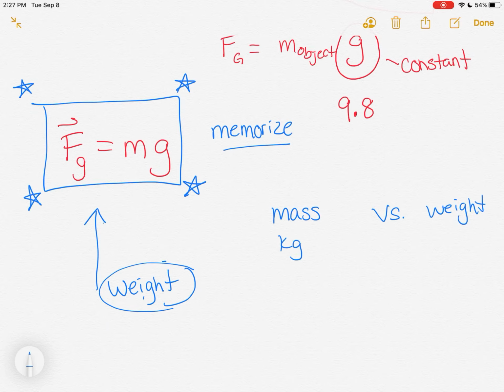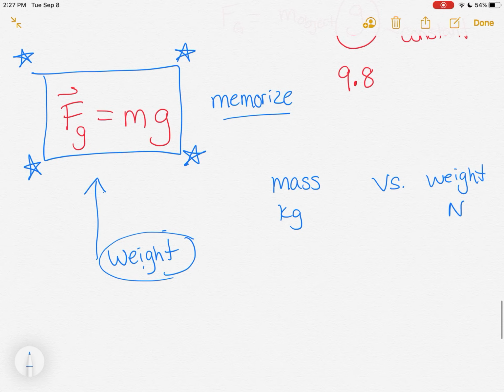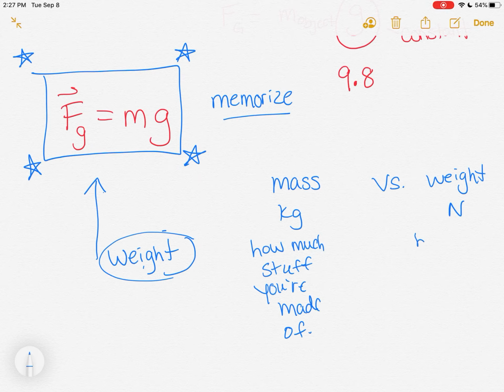Mass is measured in kilograms and weight is measured in newtons. It's a force, okay? Mass is how much stuff you're made up of, and weight is how the gravity of the Earth affects you.